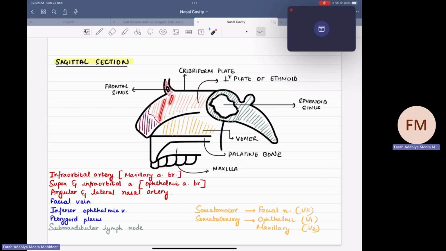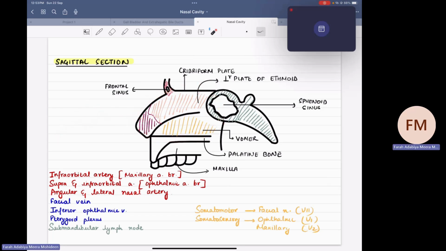Then you have your perpendicular plate of your ethmoid bone and your vomer, right? These three form the bony component of your nasal cavity. Along with the perpendicular plate of ethmoid and your vomer, you have a cartilaginous component called your nasal septal cartilage. And together, these three form your nasal septum.